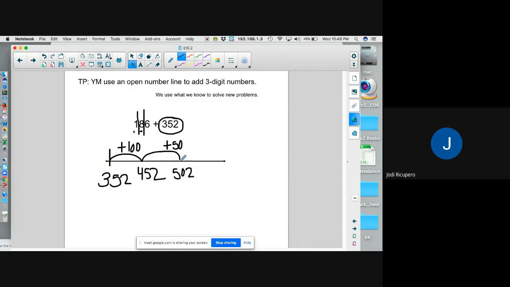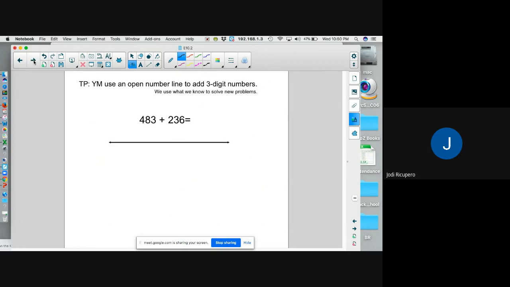Now I could add the 30 left. And now I have 532. And now to that, I could add the 6. 538. 150, 86. And that equals 538.